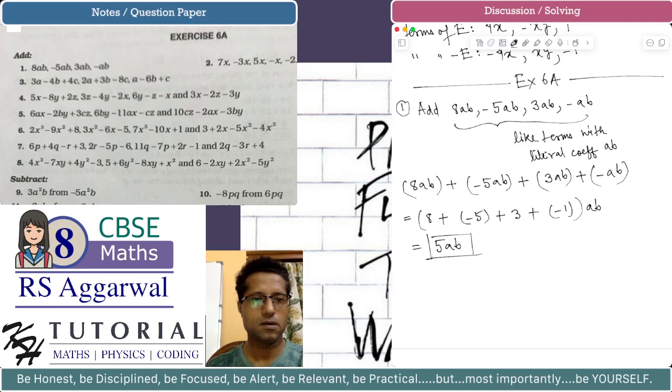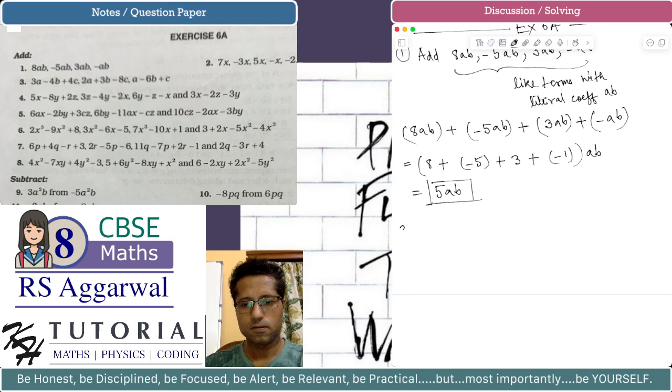Let's do problem number 3. We have been asked to add the algebraic expressions.